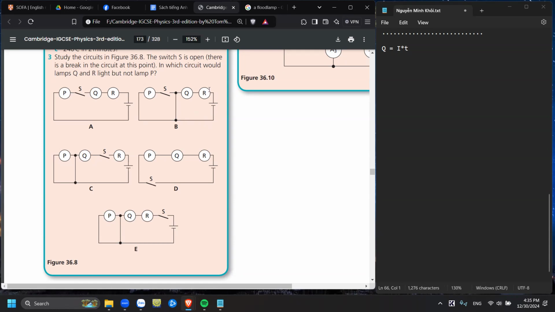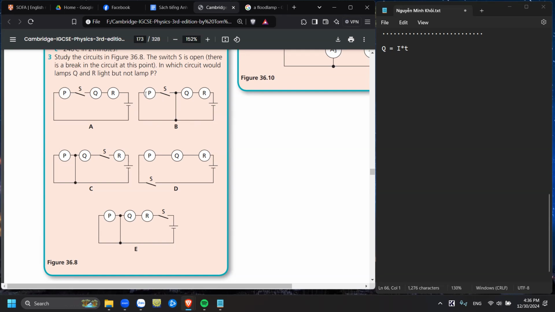The flow of electrons going through here, does it go to S? No, it doesn't, right? Because it's broken here. It means that light P will not receive any flow of electrons at all, isn't it? Even though there's an exit to go back, lamp P doesn't receive any current at all. It will not light up.